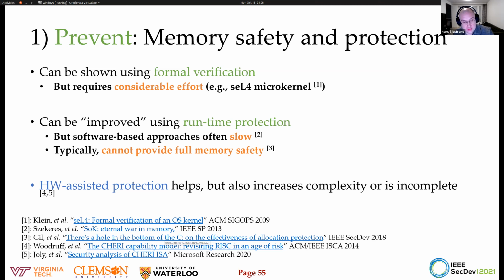Hardware assistance helps, because it allows these defenses to be faster, and it can also allow them to be more secure. But this isn't necessarily a panacea, especially if you consider legacy code. Even if you have some of the newest hardware, the legacy code might fundamentally not be workable with that.